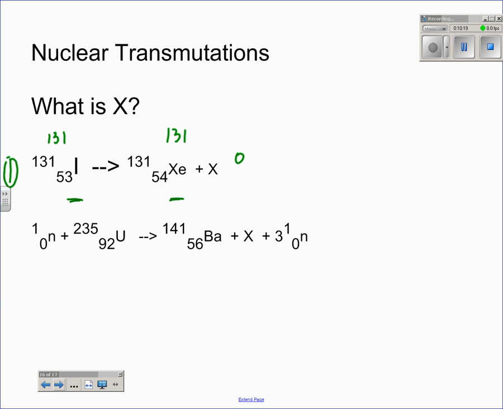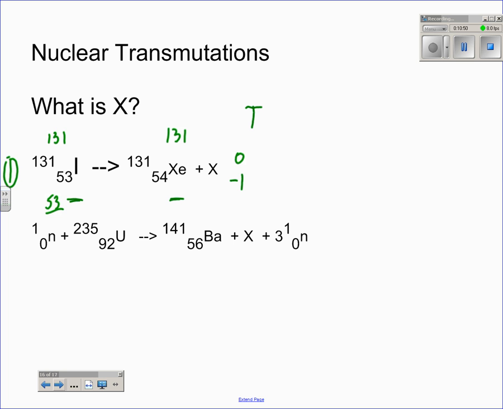Now the charge. Iodine has an atomic number of 53. So altogether, we have a charge of 53 on the reactant side. On the products, we have 54. Xenon has 54 protons. How can we match the charges on both sides? Well, we need to subtract 1 from 54 to get 53. So this number down here would have to be a -1.